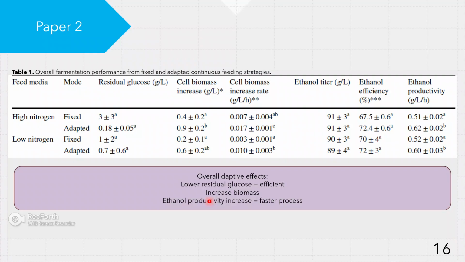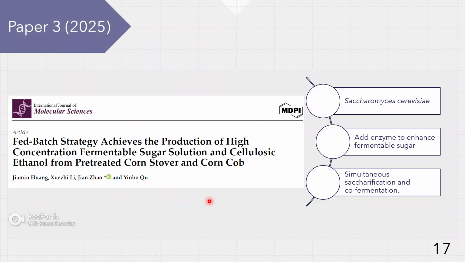And the last one is the overall fermentation performance showing the effects of the adaptive strategy: lower residual glucose, which means higher efficiency, increased biomass, and increased ethanol productivity, which also means a faster fermentation process.